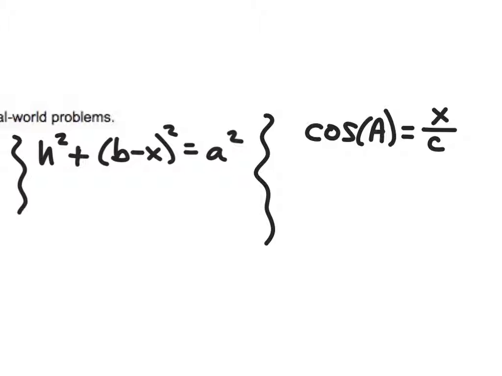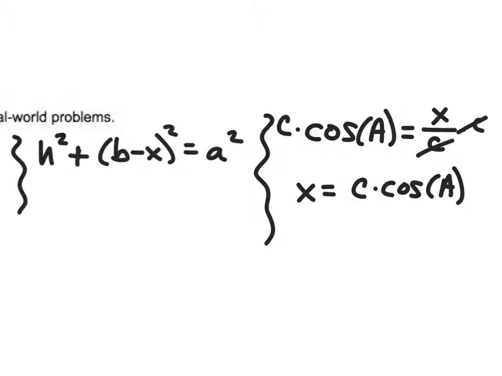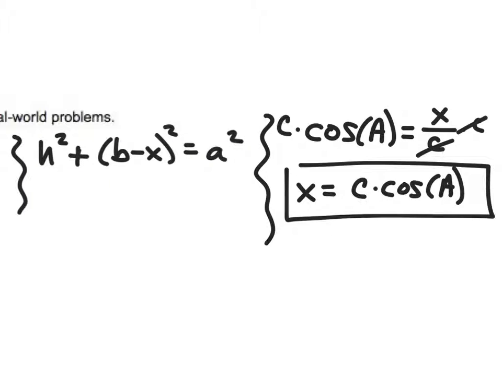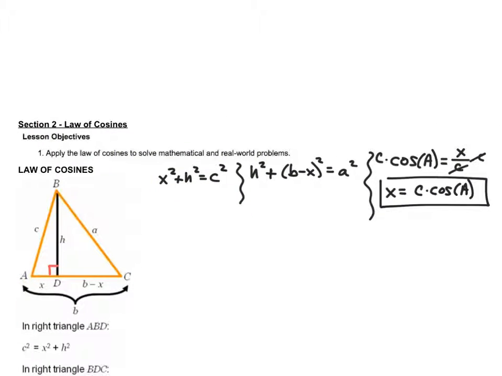Then I'm going to solve this equation for x. I multiply both sides by c, the c's divide out, so x is equal to c times cosine of A. So I've solved for x in terms of angle A and side length c, and we're going to use that later.